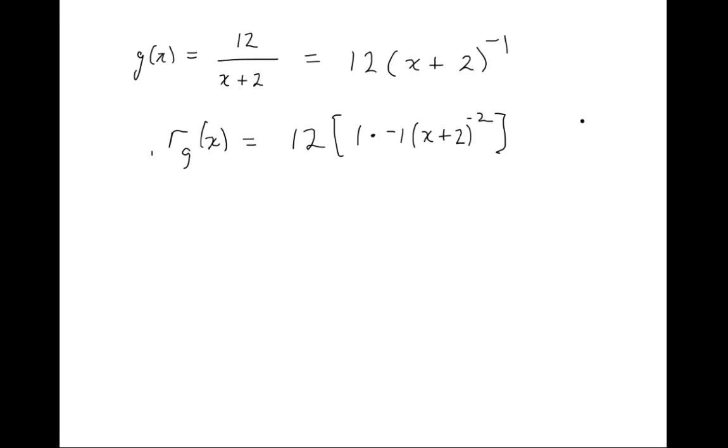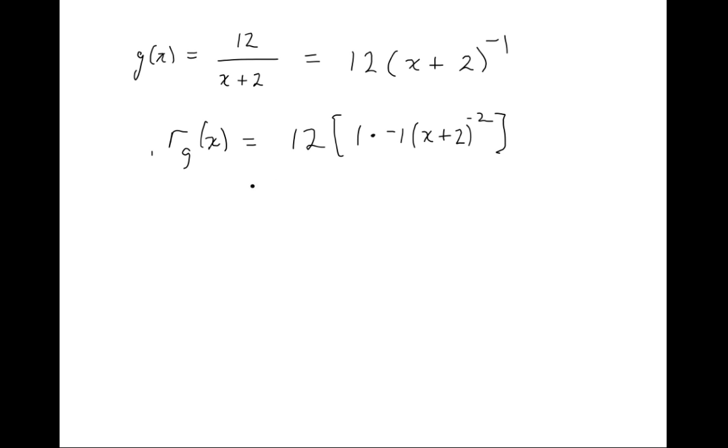You can switch the order in multiplication. You could have done this first, and then multiplied by 1 second. The inside-out way of doing chain rule follows the concept: for a little change in x, you get a change of the interior; for that change of the interior, you get the change of the exterior. But either way is fine.